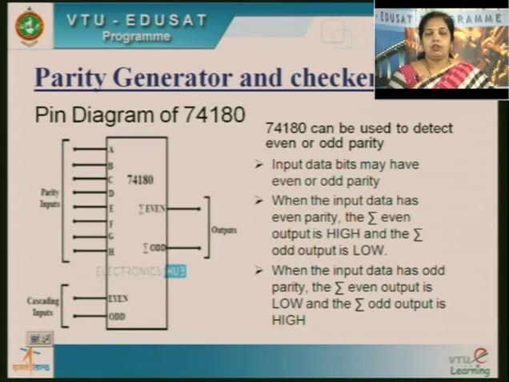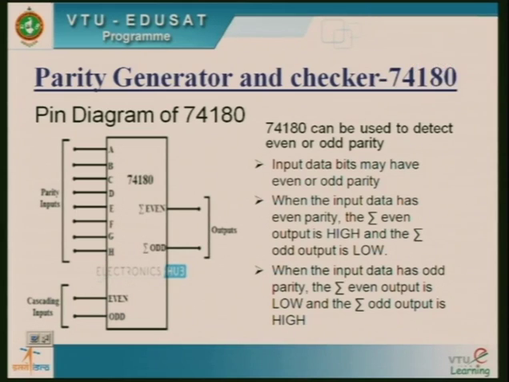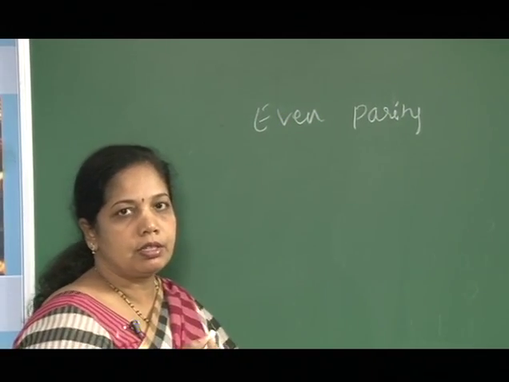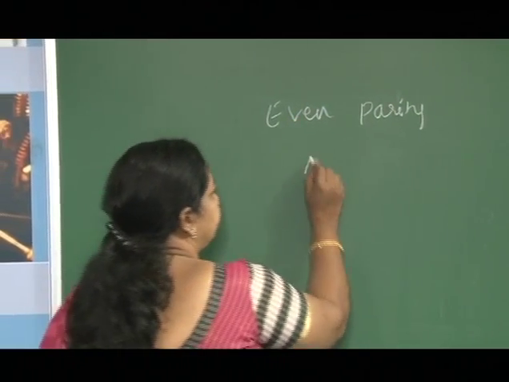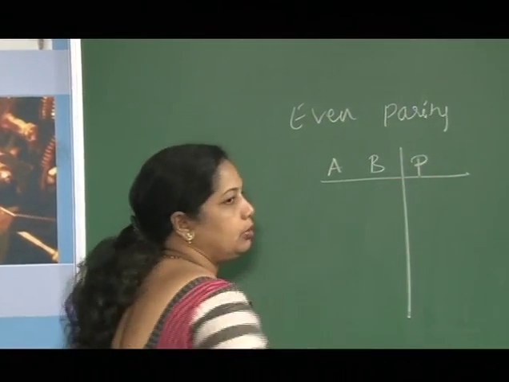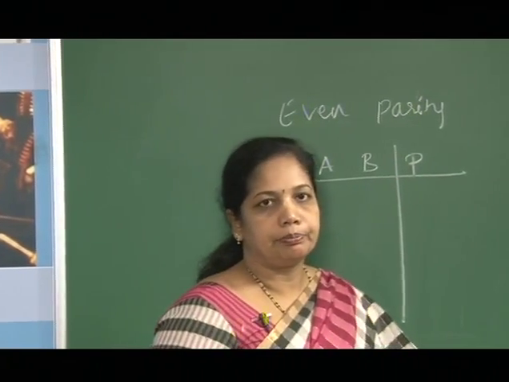For parity generation and parity checking, I will take up an example. For this example, if I want to generate even parity, and I have 2 bits of input, I am going to add an additional input called the parity bit.